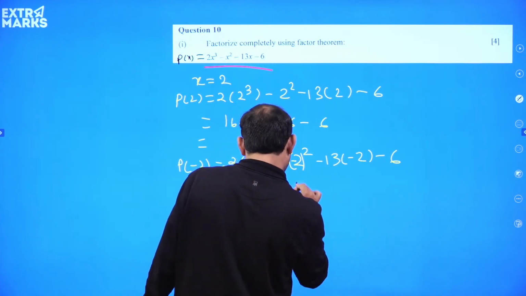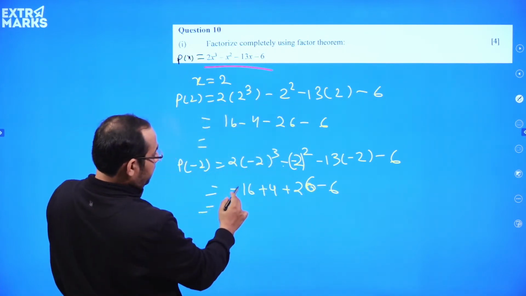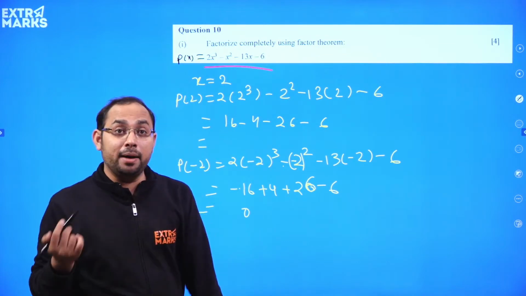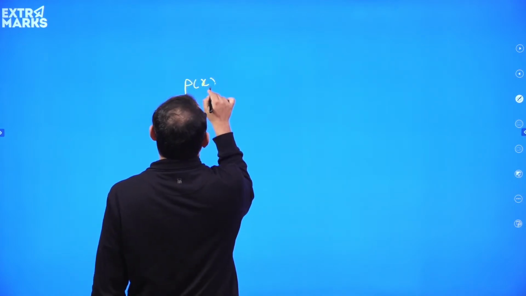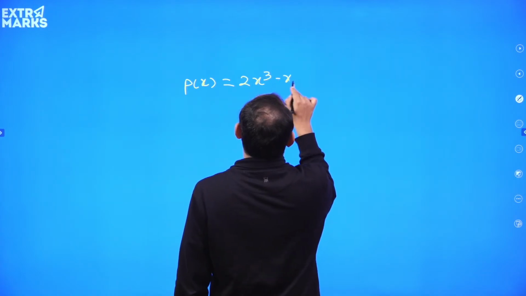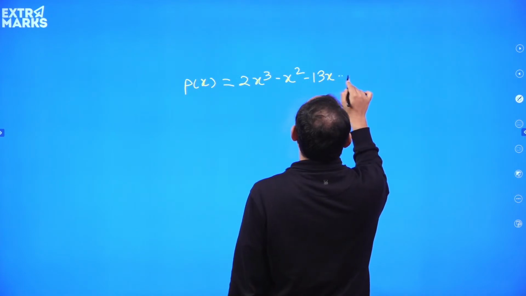This will be plus 26, and then -6 is also there. So -22 plus 30. This also does not work. +2 did not work, -2 did not work, +1 is also not working. Let's see what will work. So p(x) is equal to 2x cube minus x square minus 13x minus 6.